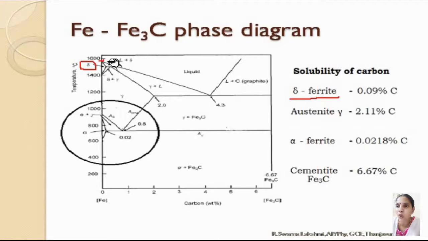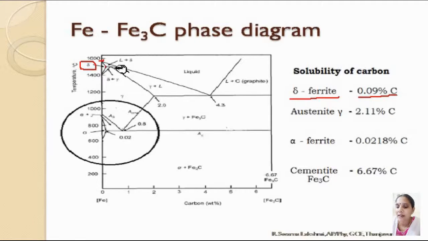When iron is cooled below 1535 degrees Celsius, delta ferrite is formed. It has a limit of solubility of 0.09 weight percent carbon. It is a BCC structure, that is body centered cubic structure with carbon as an interstitial solute.